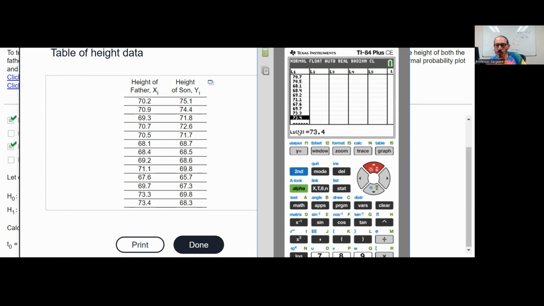Notice that just to the left of that, we see that that was the 13th entry in list 1. I have to be very careful that I don't miss anything.